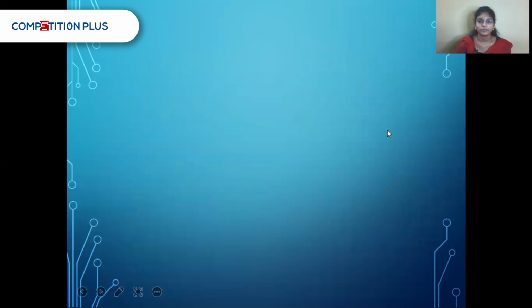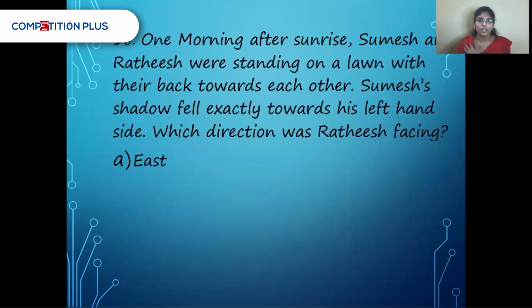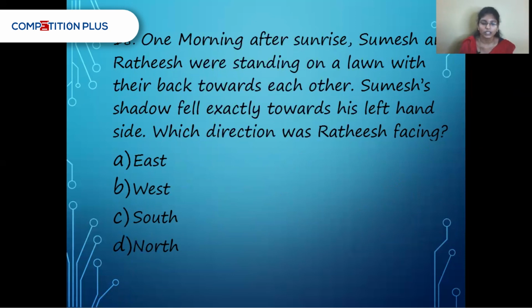Next, the last question. One morning after sunrise, Sumesh and Ratish were standing on a lawn with their backs towards each other. Sumesh's shadow fell exactly towards his left-hand side. Which direction was Ratish facing? Children, this question has many clues inside it, but you need to derive the clues from the indirect words given here.